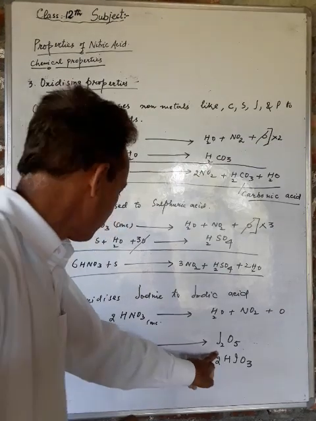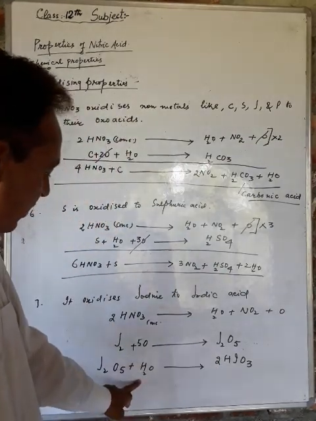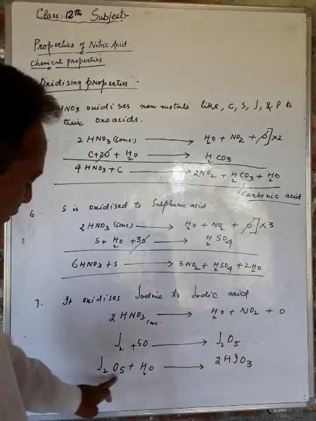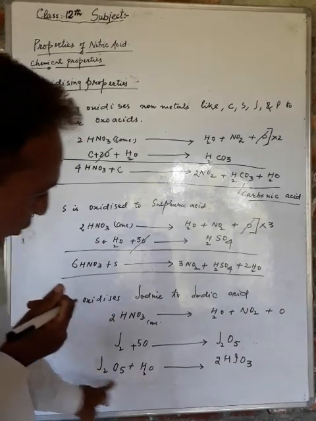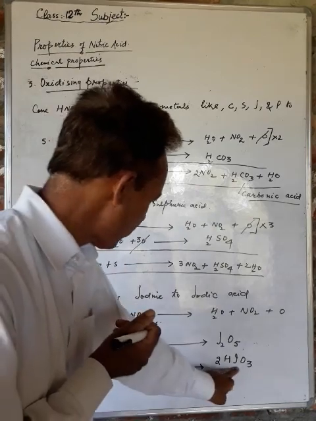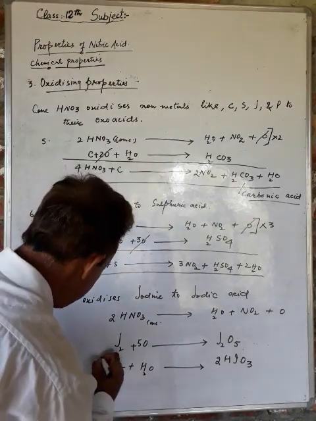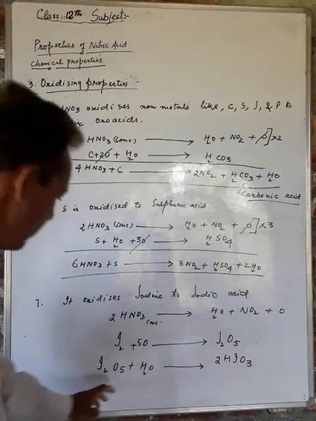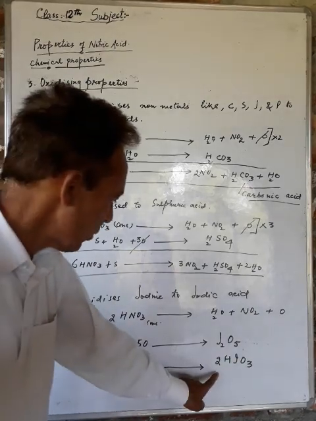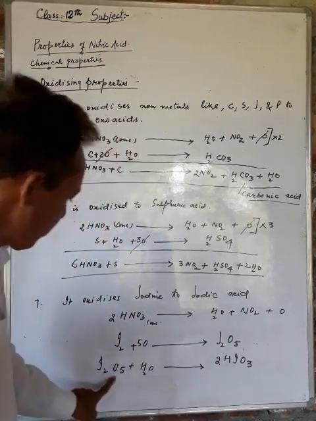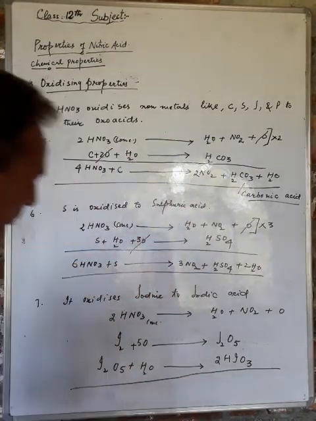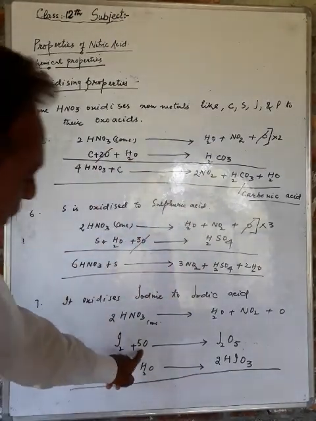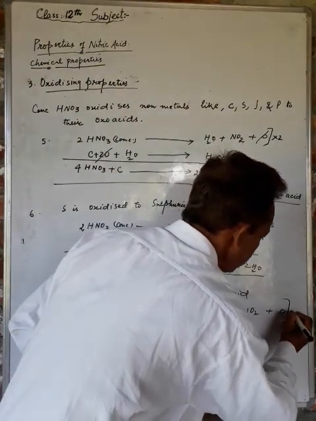This iodine pentoxide at the same time reacts with the water and it forms HIO3. HIO3 twice, hydrogen twice, iodine twice. This is iodine, 3, so oxygen 6 times, 5 plus 1, 6 times. So the overall reaction will be, here this is 5 times nascent oxygen, here it is 1 time nascent oxygen.